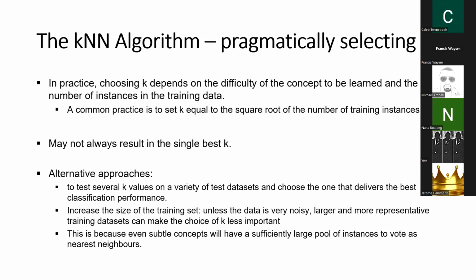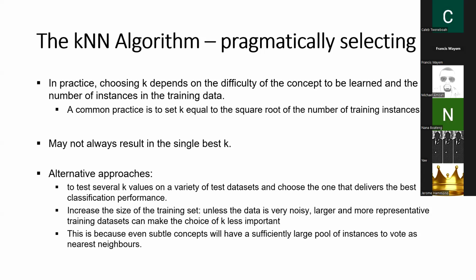Another alternative approach is to select a couple of K values and then see the effect that the K value is going to have on the accuracy of your model. Any K that you set, you'll be able to determine the confusion matrix of that K, and then based upon that, you'll be able to determine the accuracy of your model. So let's say, and we will do an exercise in R, if you choose K to be 1, what is the effect on the accuracy?